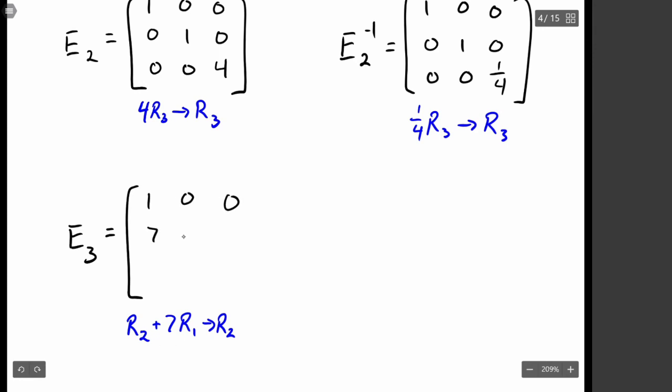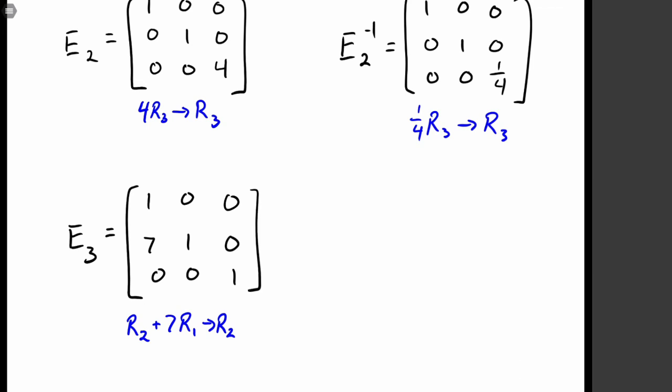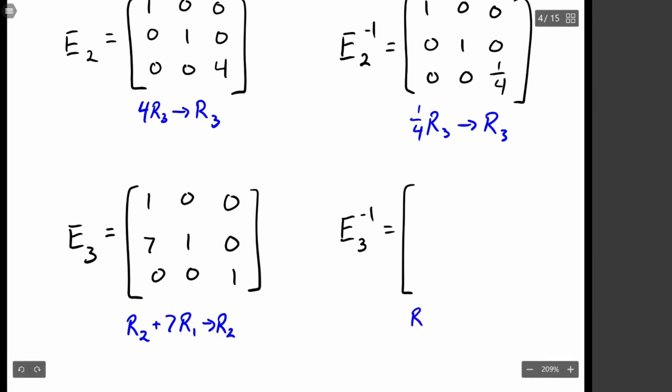Row 2 will be 7, 1, 0, and then 0, 0, 1. How do we invert this? How do we undo adding 7 copies of row 1? Well, if we added 7 copies of row 1, we can undo that by subtracting 7 copies of row 1. The operation to undo that should be R2 minus 7R1 goes to R2.